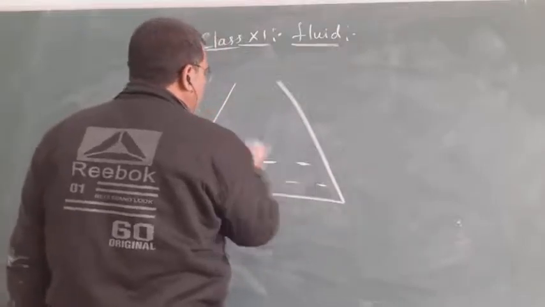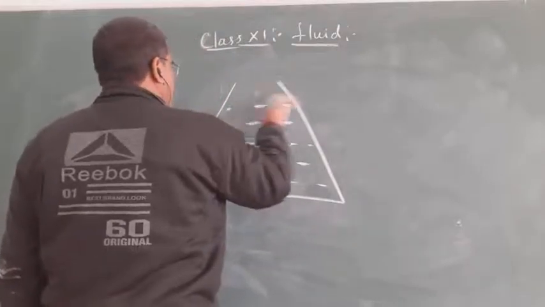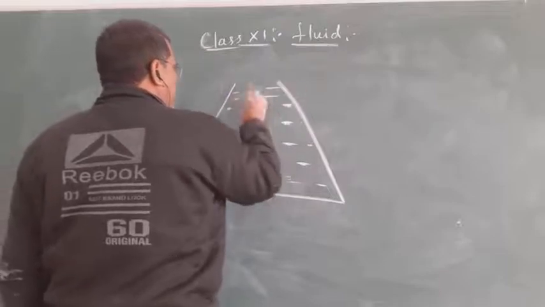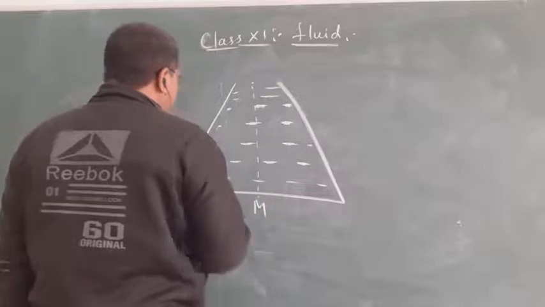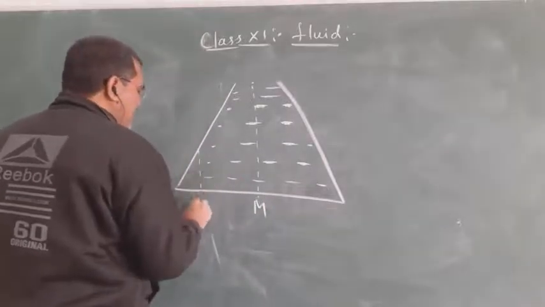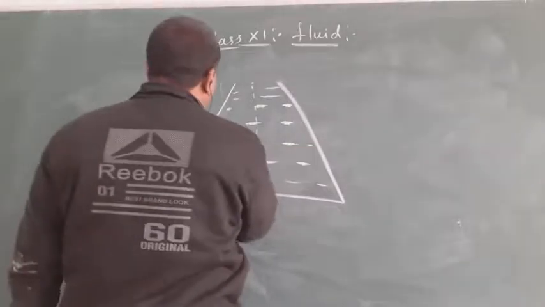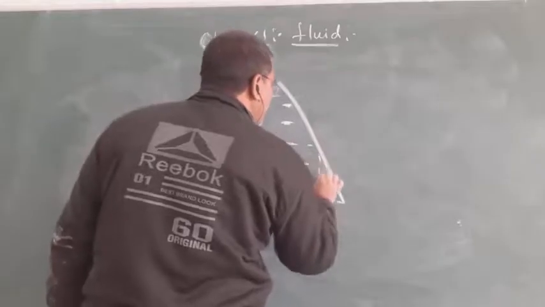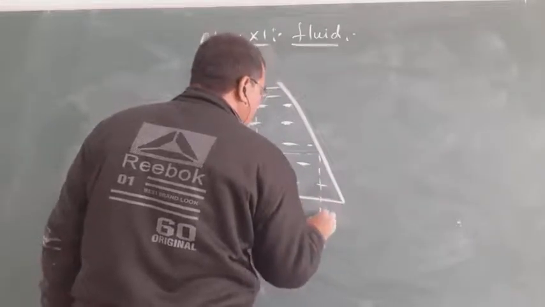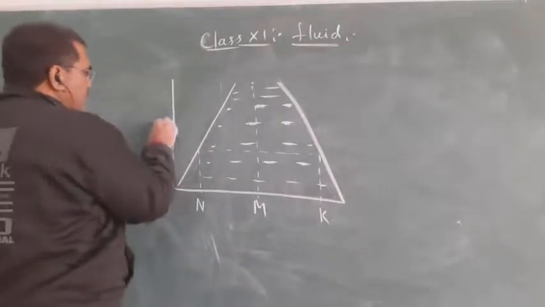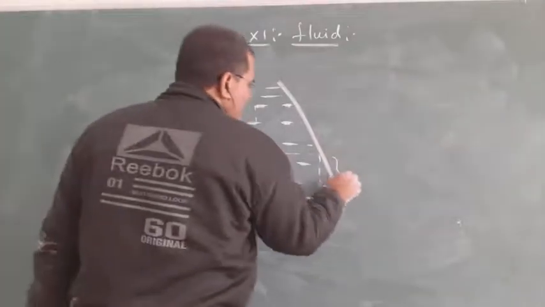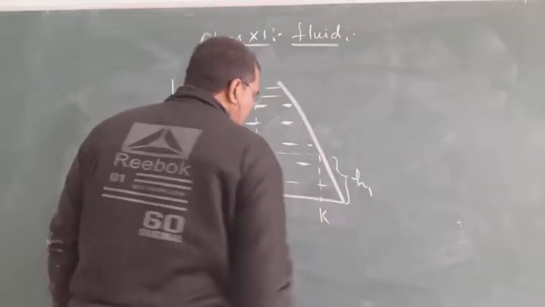The liquid is filled within it like that. Take a point M here, another point N. At the same height, take another point K here, and this is height H, and this height will be H1.